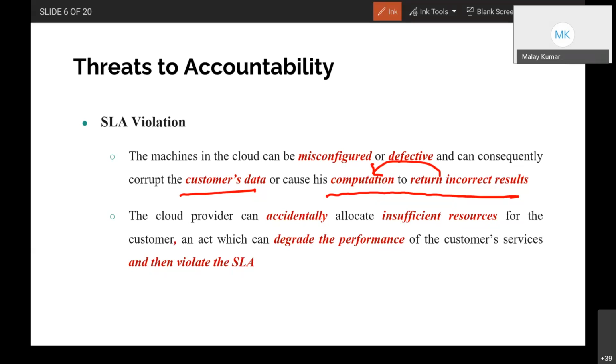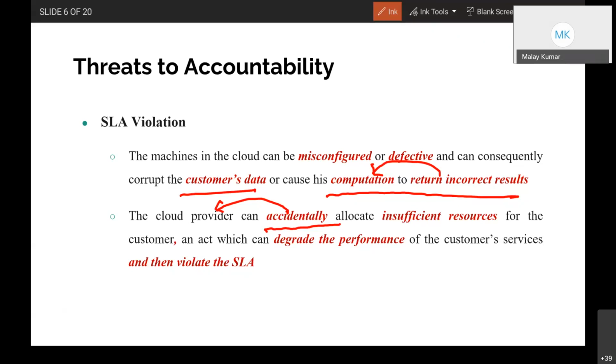If you are taking a service from a cloud service provider, sometimes not only accidentally but deliberately it reduces the resources allocated to a client. The reason is that a cloud service provider wants to maximize its profit.